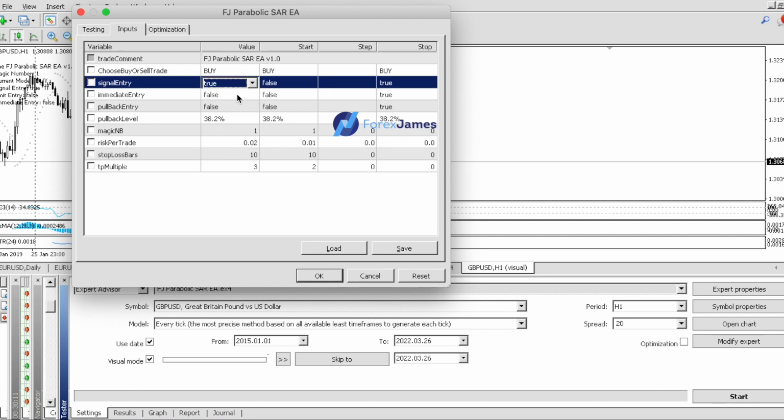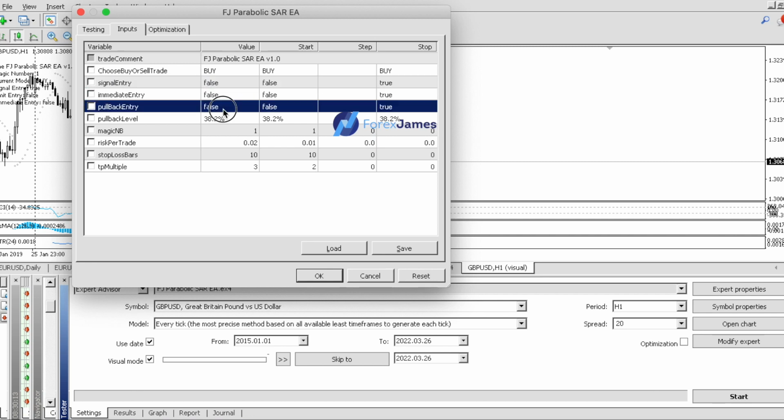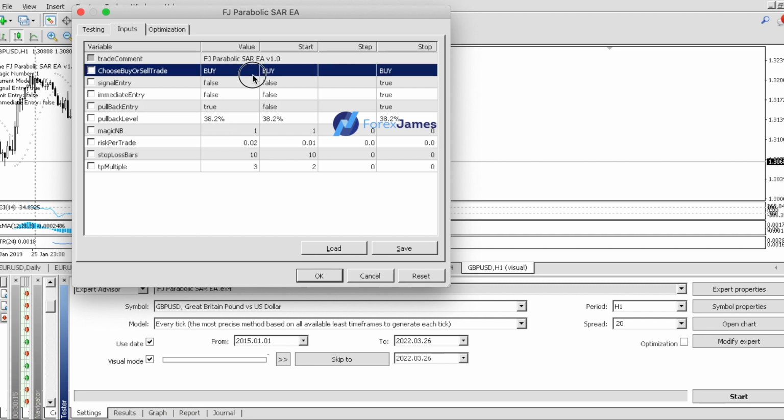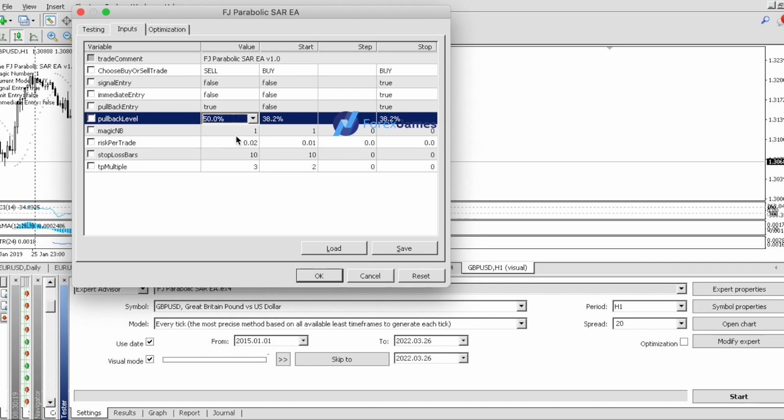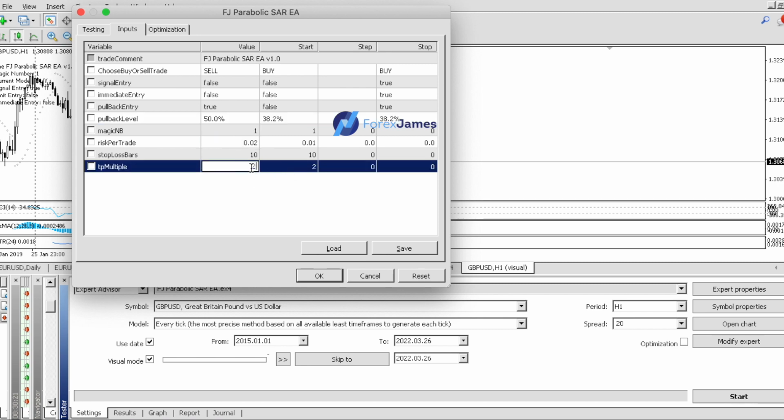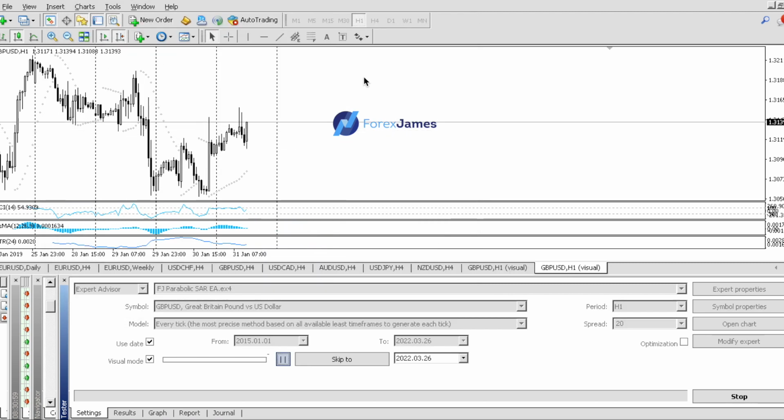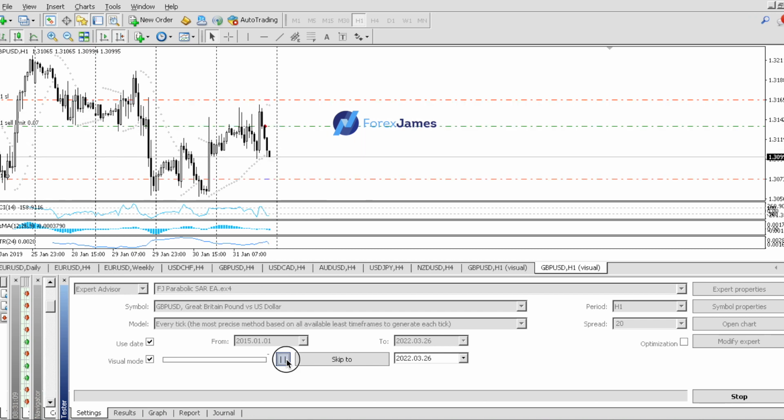I'm going to skip the immediate entry. I'm just going to show you guys the pullback entry. Let's do it for a sell this time. Let's do the 50. Set this to 2. Now we're looking for sells. There you go.